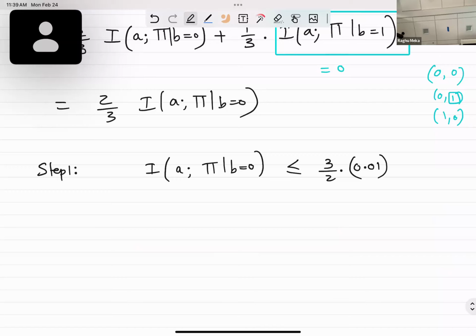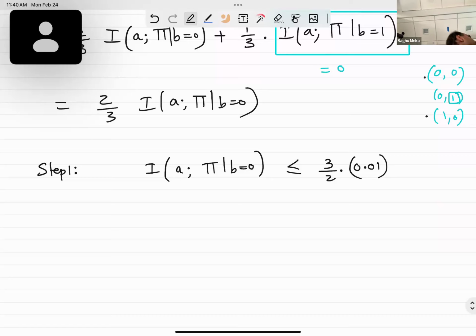Okay, this is very small. If the mutual information between A and the protocol, when B equals 0, is small. Now, given B equals 0, A has two options. It's either 0 with probability half or 1 with probability half, right? Because you're in these two cases.